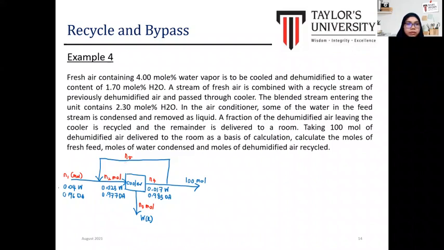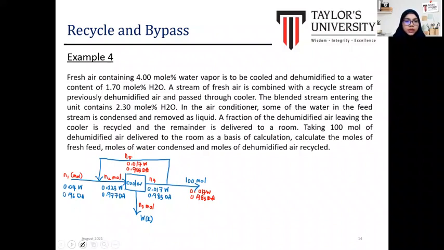So we have 0.017 water and 0.983 dehumidified air, and the same composition at the outlet stream here, 0.983 dA. Okay, so we already understand what the system is about.